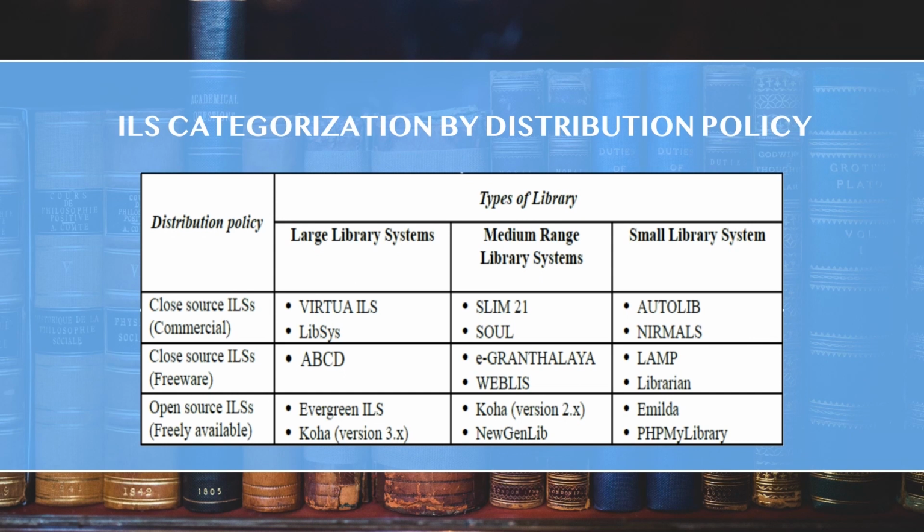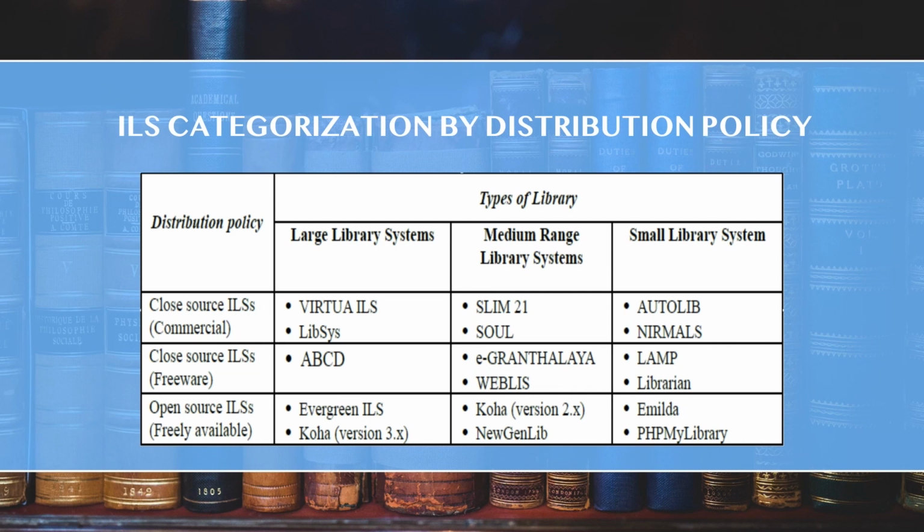Now, for medium range libraries, Koha version 2.x or earlier versions of Koha are meant for medium range library systems. NewGenLib is also meant for medium range library systems. Now, in the case of small scale library systems, we have many open source options like Emilda and PHP My Library. Presently, PMB is emerging in a rapid way. So in the closed source freely available group, we have LAMP.